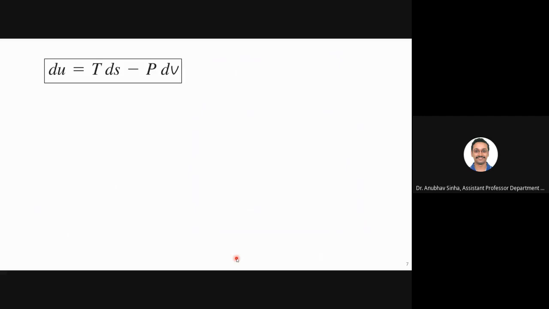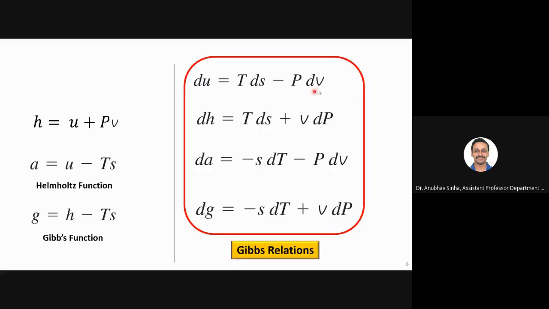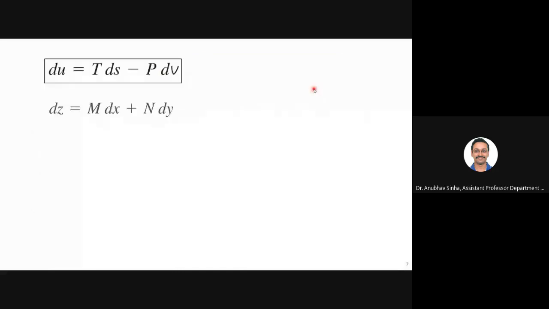Now let us start with the first one. So we have defined dU as TdS minus PdV, right? This is our first Gibbs relation. Let us start with this. So if you remember, for any continuous differentiable function, we defined dz like this.